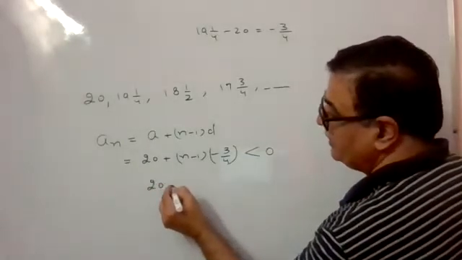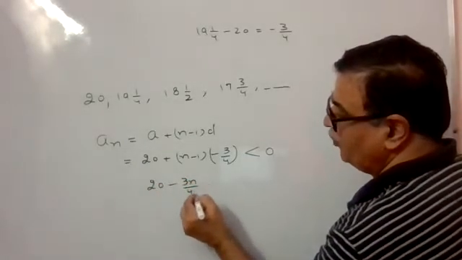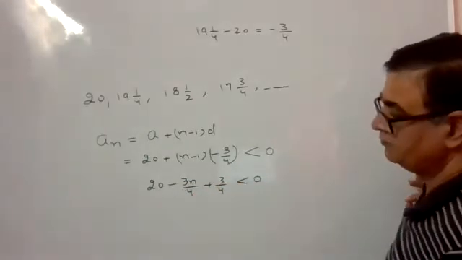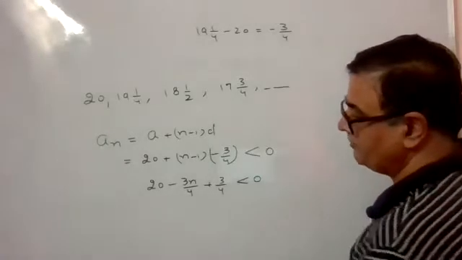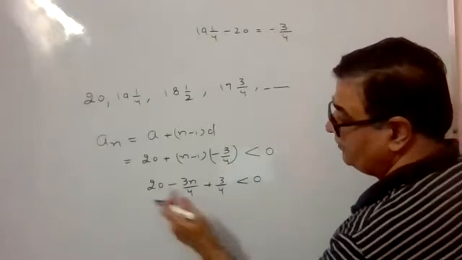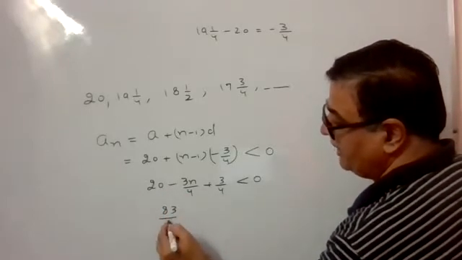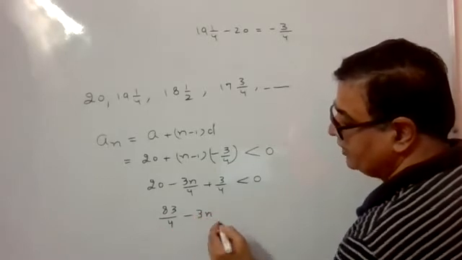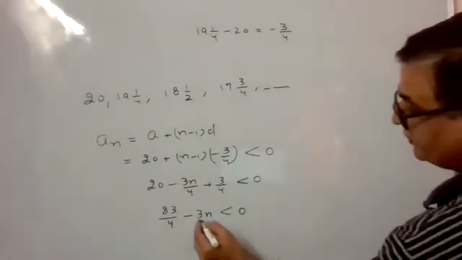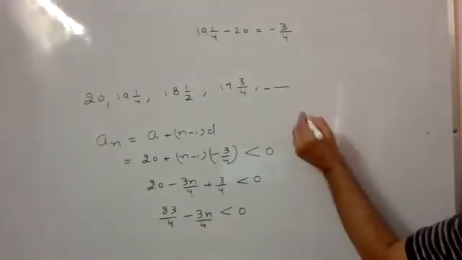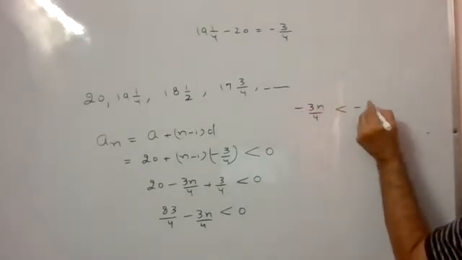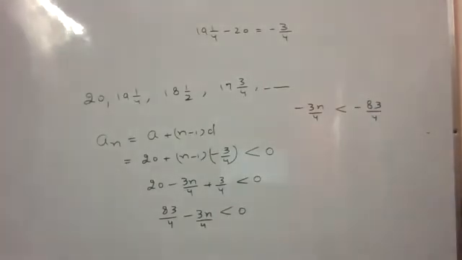Then I write 20 minus 3n by 4 plus 3 by 4 negative. 20 plus 3 by 4 is 83 by 4, so 83 by 4 minus 3n by 4 is less than 0. Then minus 3n by 4 is less than minus 83 by 4.